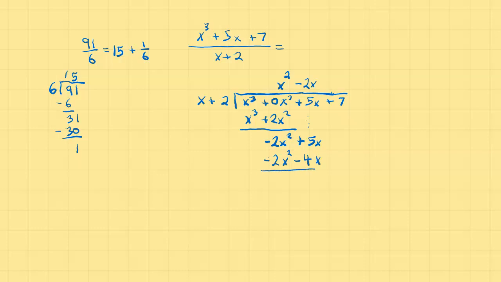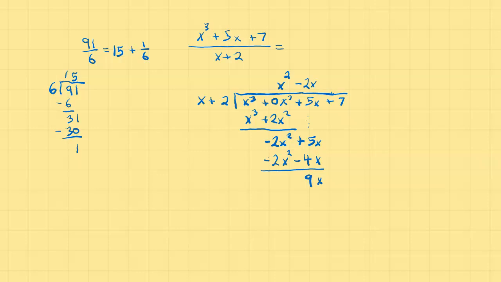Okay, we're going to subtract again. We're almost done. Negative 2x squared minus negative 2x squared is 0. That first subtraction should always be 0. Otherwise, you didn't do something right. And then let's look at 5x, take away negative 4x. So that's going to be 9x. So be really careful there.